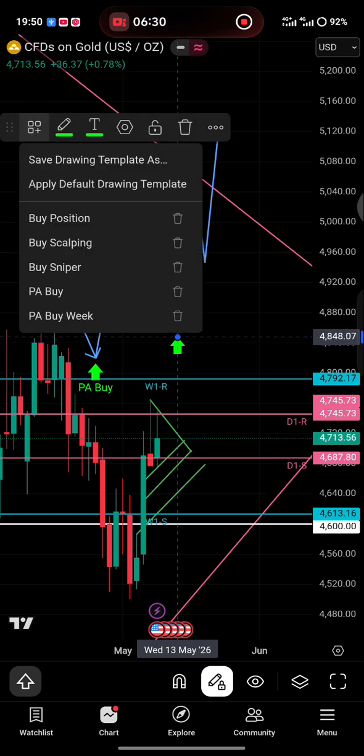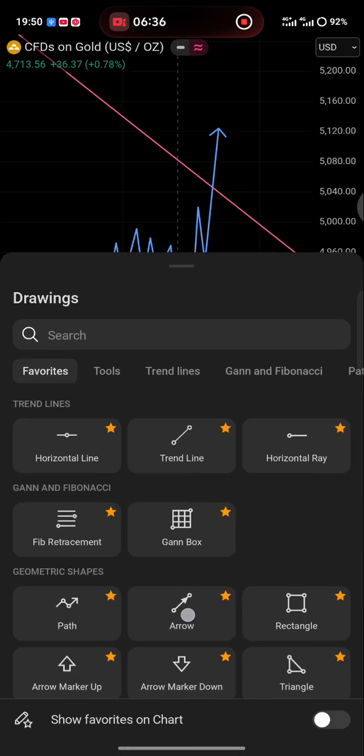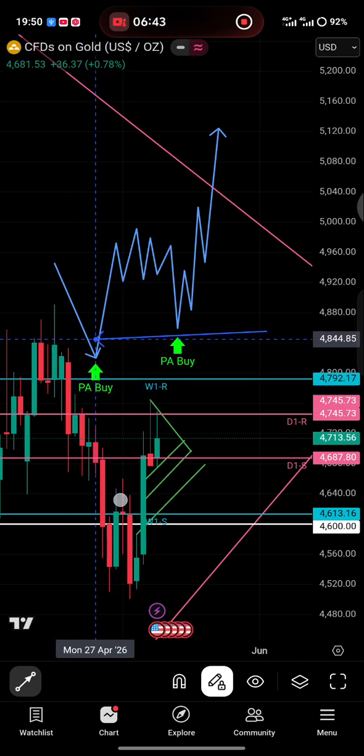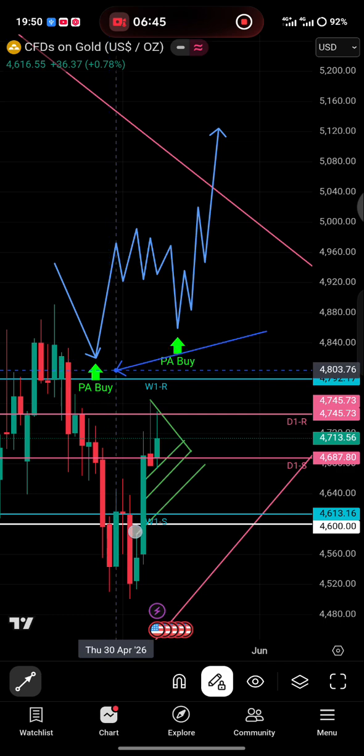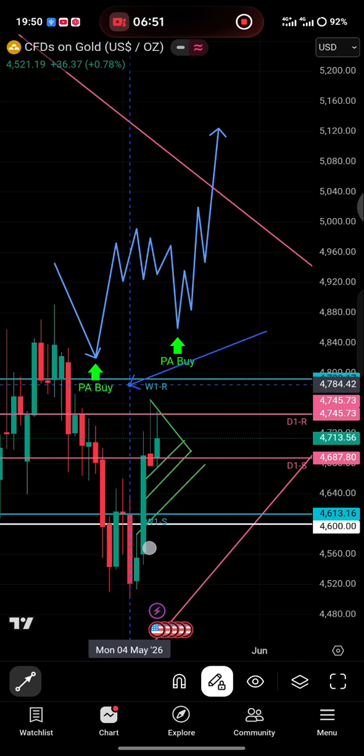But this PA buy is not just a PA buy, right? This is a PA buy from reversal, which is the main price, which is the main support, right? The main support is always the first PA buy or the first reversal after a dump, after a bearish trend. This is the main support.